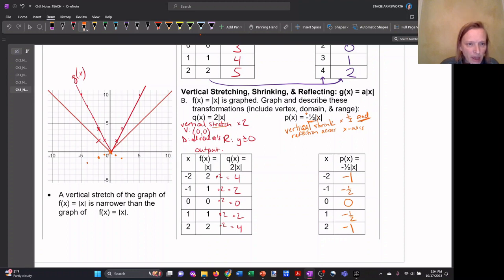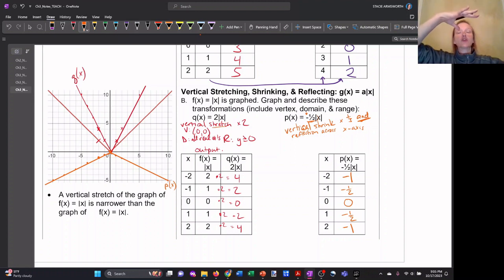So if I continue this pattern out a little bit further to help me draw my lines, my absolute value function looks like this. And that is the graph of the p of x function.